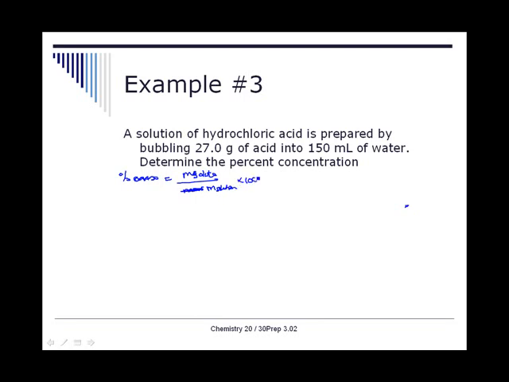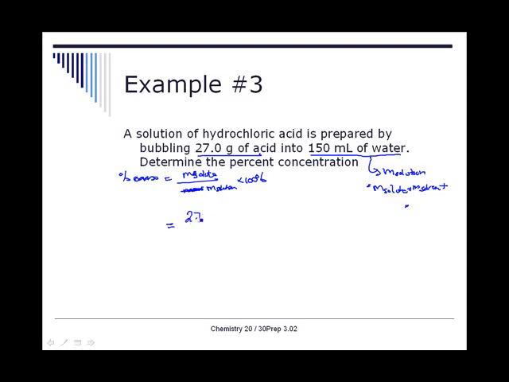And here we have to be a little bit more careful. We have 27 grams of acid, 150 milliliters of water. This means the mass of solution is equal to the mass of your solute plus the mass of your solvent. So we actually have to add these two masses together to get our mass of solution before we can calculate percent mass.